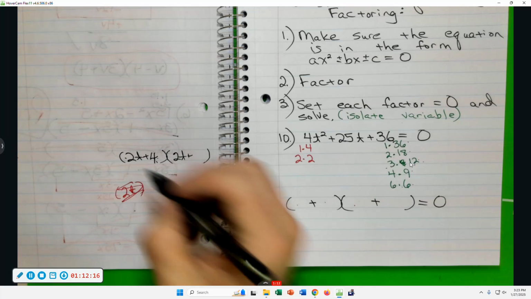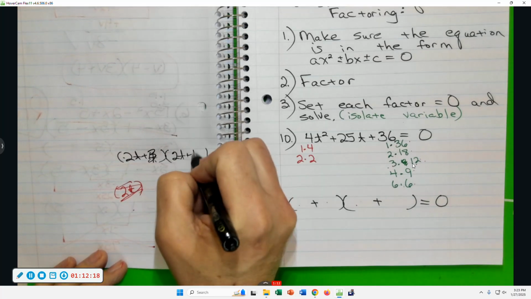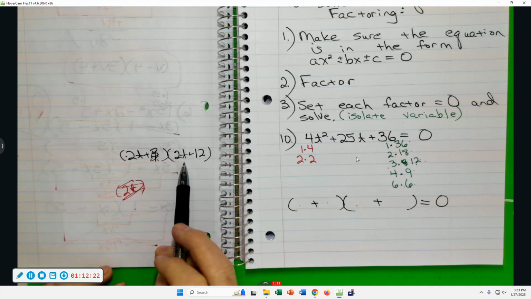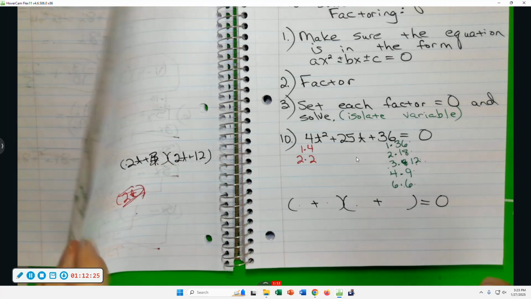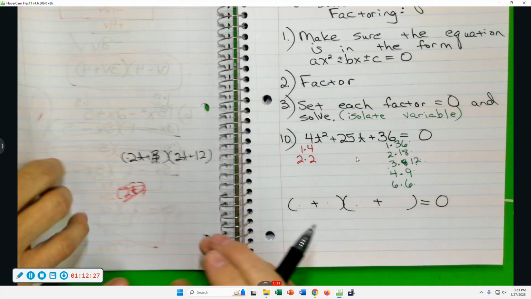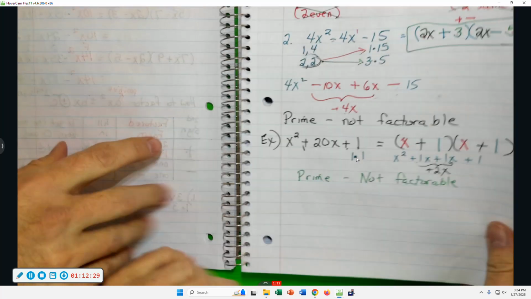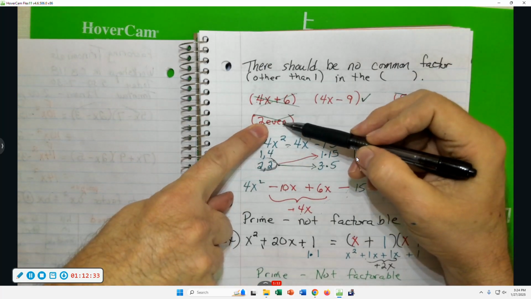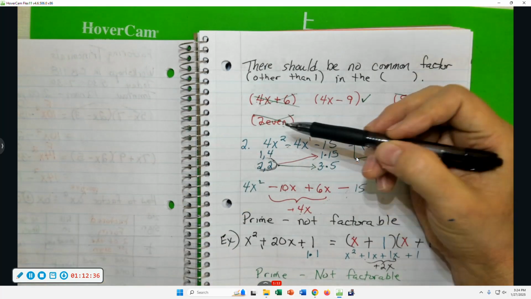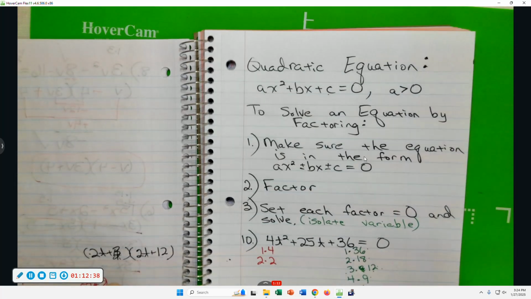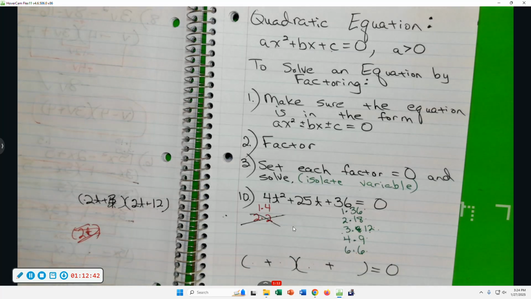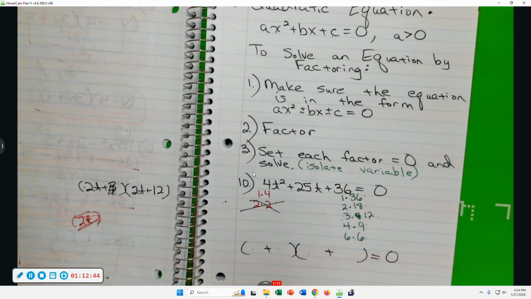You can't use 3 and 12, because if you put the 12 there, 2 and 12 are even numbers. You can't have two even numbers inside the parentheses because then they're divisible by 2. So with all of that logic, 2 and 2 cannot possibly work. The only pair that could work for the first one is 1t and 4t.